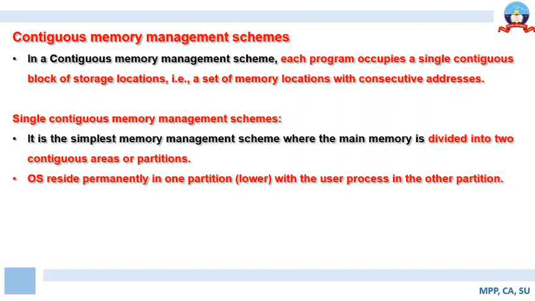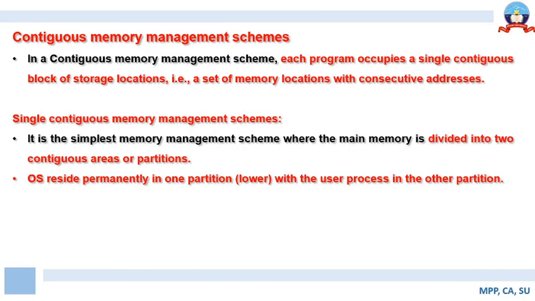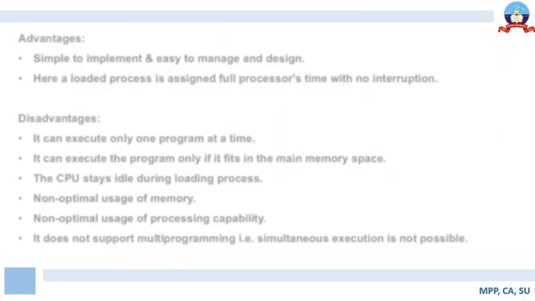The operating system resides permanently in one partition, with the user process in the other partition. Now let us go through some of the advantages and disadvantages of the single contiguous memory management scheme.